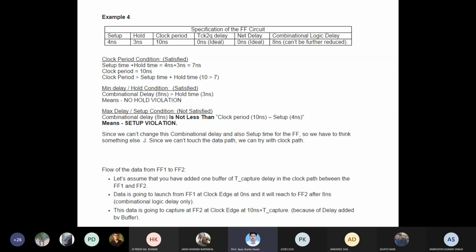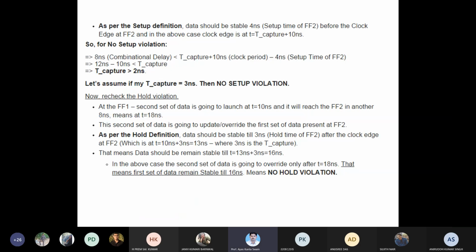So this data is going to be captured at FF2 at clock is at 10 nanosecond plus T capture, because of the delay added by the buffer. Okay, so as per the setup condition, data should be stable 4 nanosecond. So setup is 4 nanosecond. Okay, 4 nanosecond setup time of FF2 before the clock edge at FF2. And in the above case, clock edge is now increased to T capture plus 10 nanosecond.